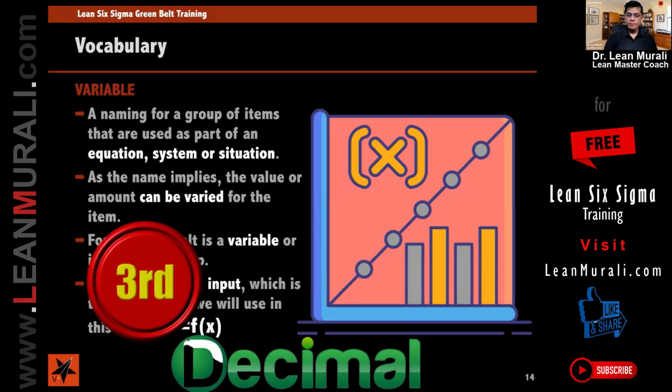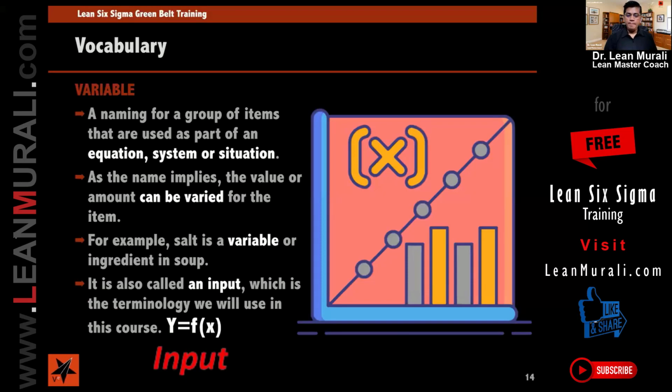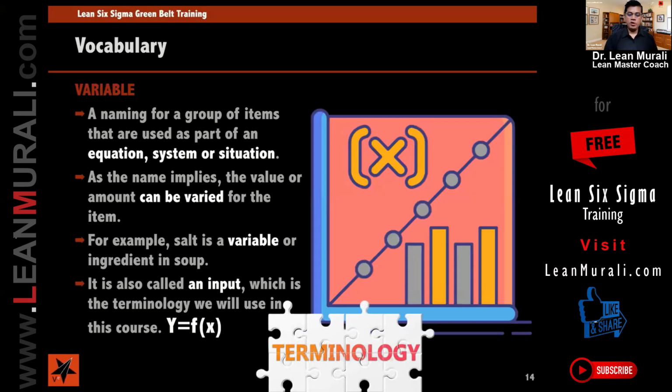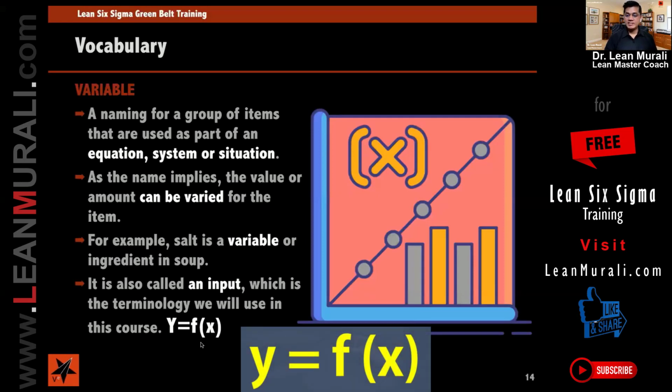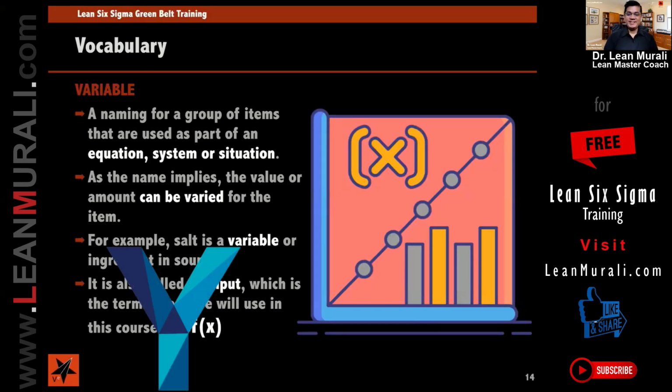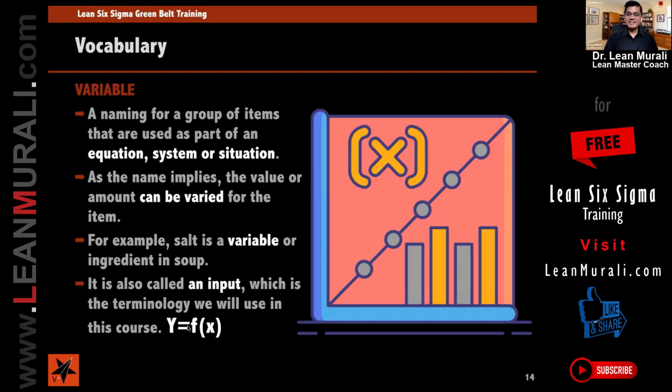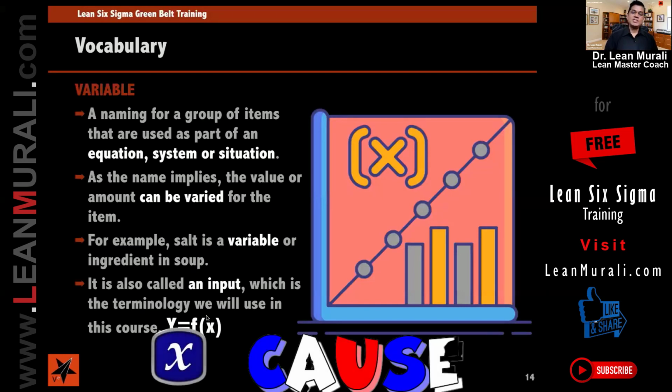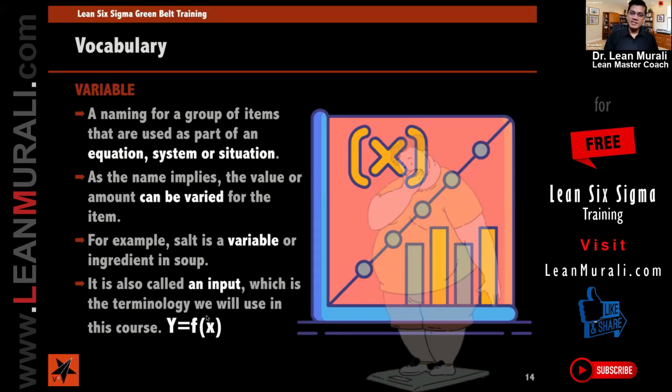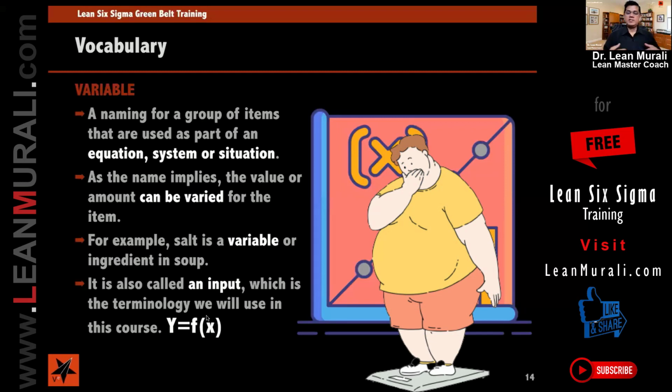This is called an input, which is the terminology that will be used in this course. Y is equal to f of x, which means y is the effect and x's are the causes. For example, suppose an obese person is overweight; overweight is Y. What are the causes?